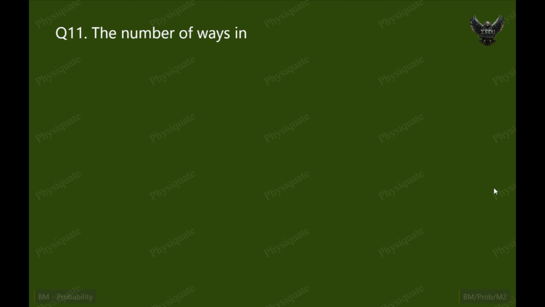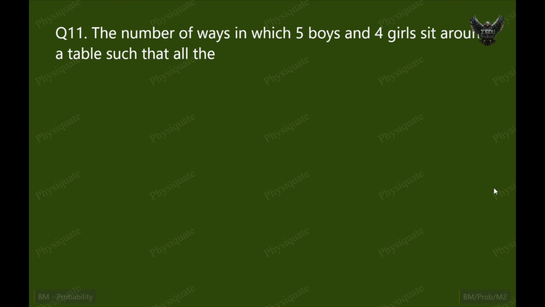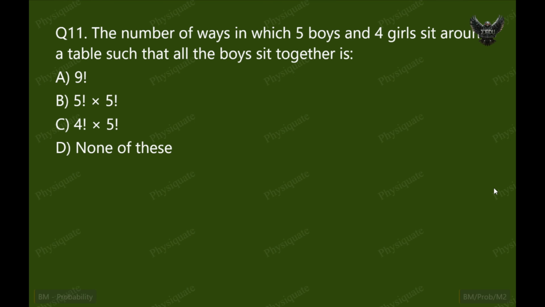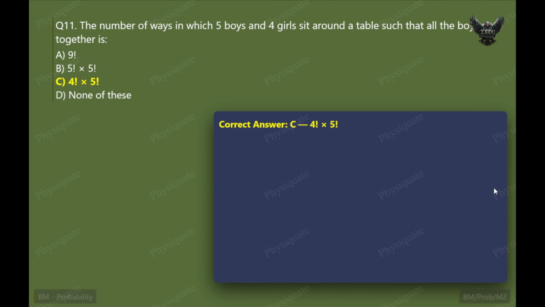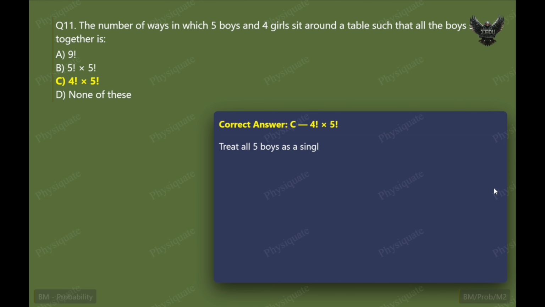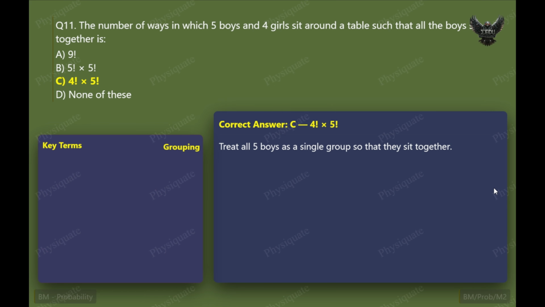Question 11. The number of ways in which 5 boys and 4 girls sit around a table such that all the boys sit together is. Correct answer is option. Treat all 5 boys as a single group so that they sit together. Now let us consider grouping.